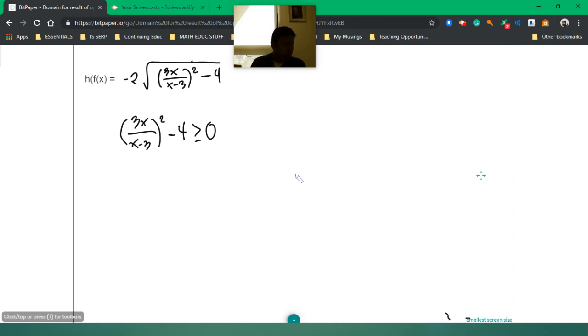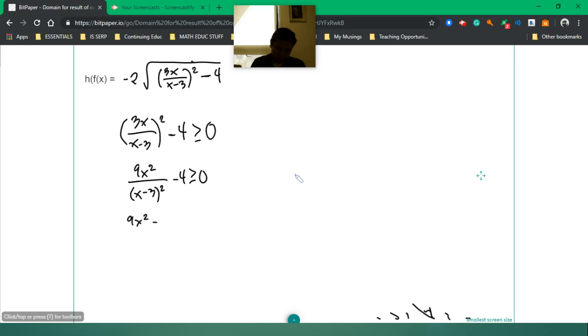So, where do we start? Of course, simplifying tells us that we have 9x squared over x minus 3 squared minus 4 greater than or equal to 0. And then from here, we have to combine these two as one fraction.